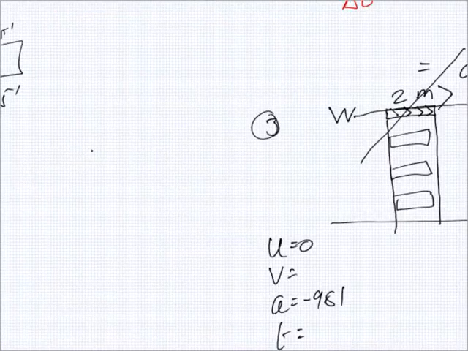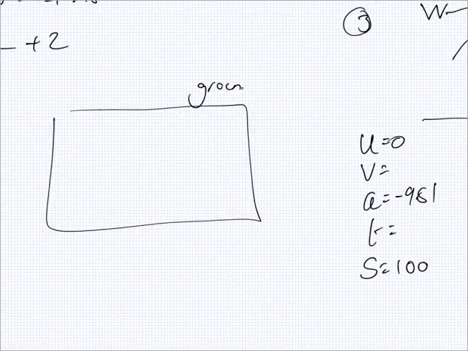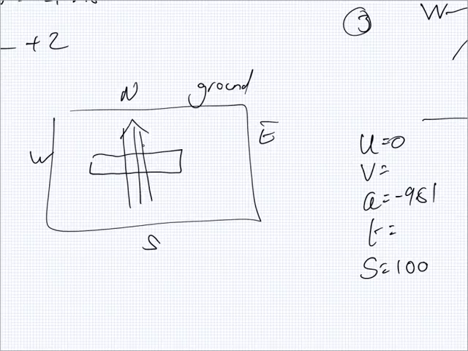If I look from the sky, here's east, here's west, here's north, here's south. Here's my pipe, and here's my field. And I said cuts at right angles. I meant there's 90 degrees here. That's all I meant. The area is getting bigger, yeah, as it falls.